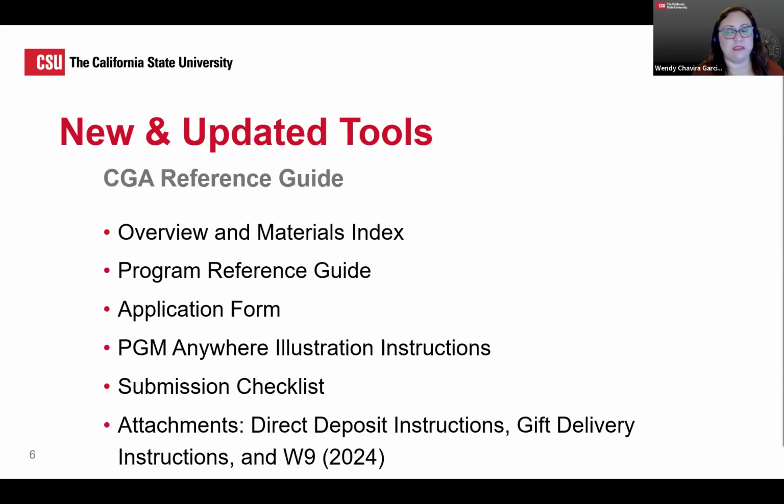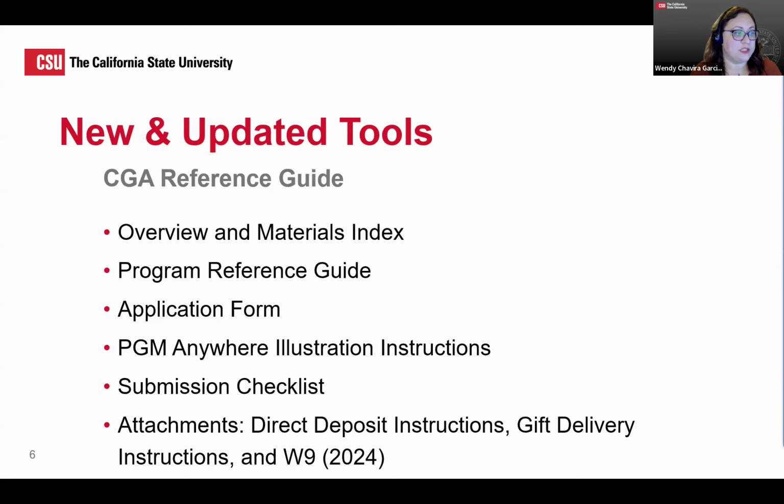So what are we reviewing today? The system-wide resource guide is saved in the SharePoint resource folder and replaces what we used to call the CGA binder. It has an overview of the materials and index for them, the program reference guide, a new application form, which we'll start using in lieu of the checklist, the PGM Anywhere illustration instructions, and a submission checklist.